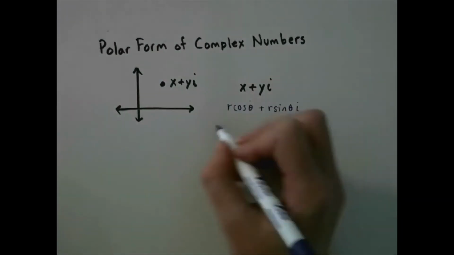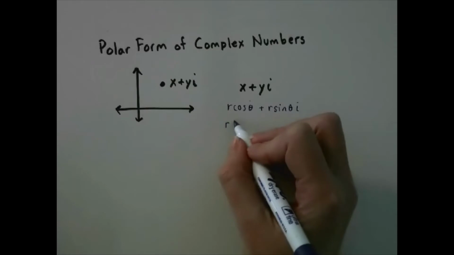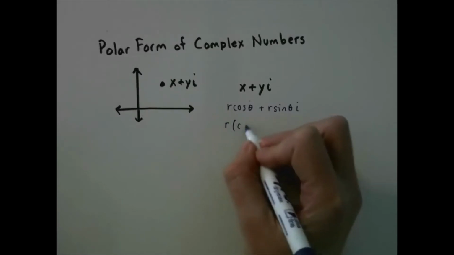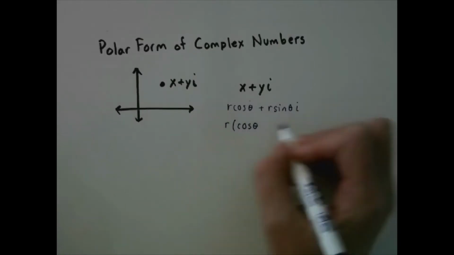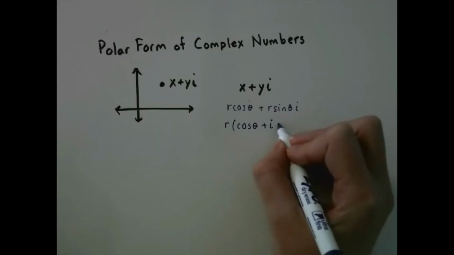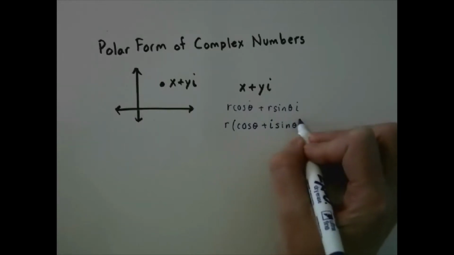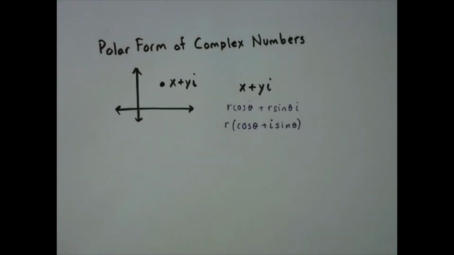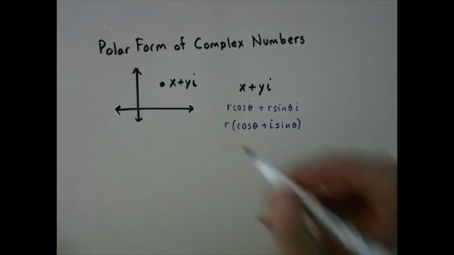Now what I'm going to do is factor out the r, and I'm going to put the i in front of the sine theta. Okay, this is the polar form of a complex number.